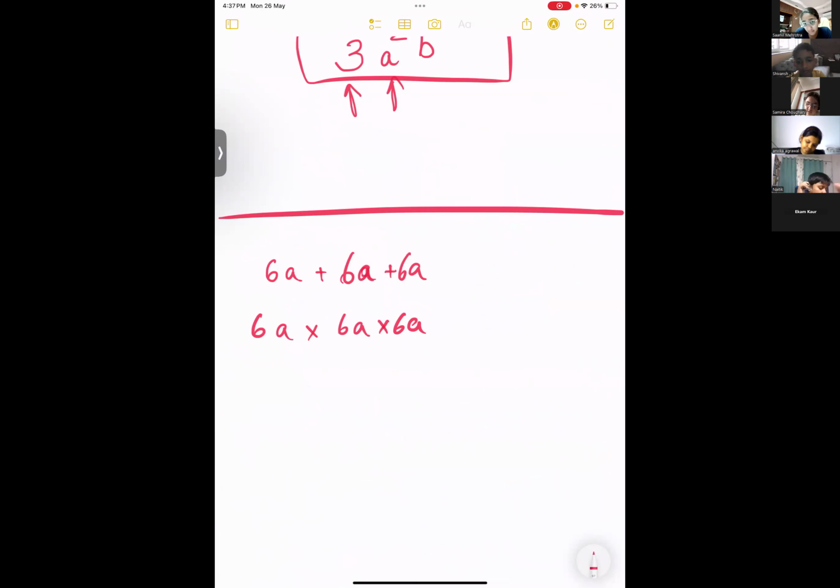Okay, Sharaf, your answer is wrong. Ekam, your answer is wrong. Ma'am, the answer is 216 a square. Don't give out the answer. Another 3 minutes for the class.